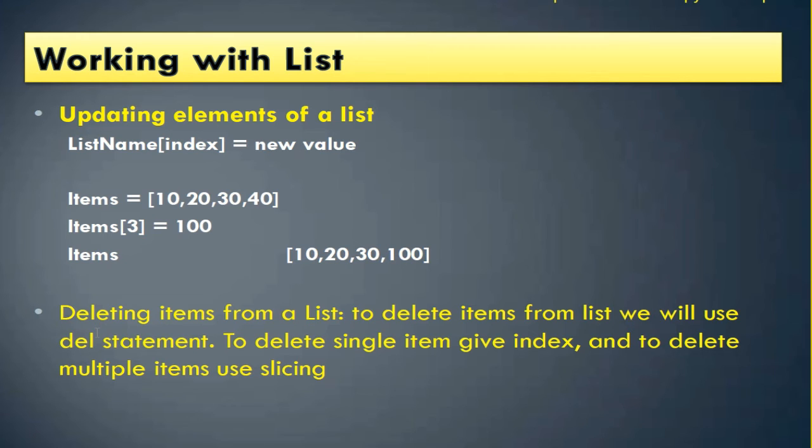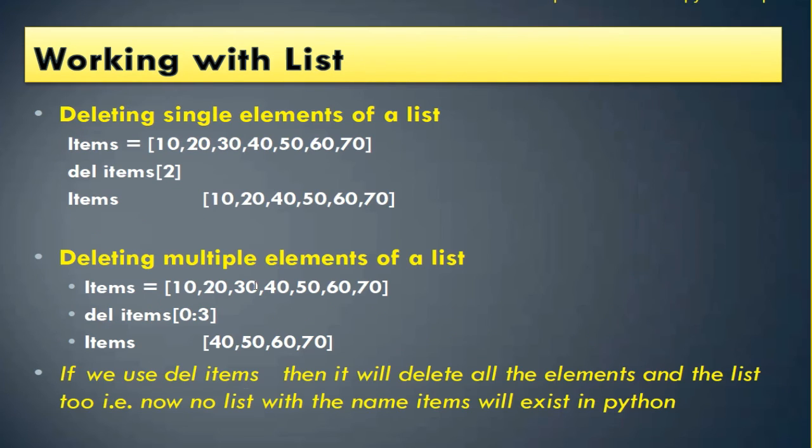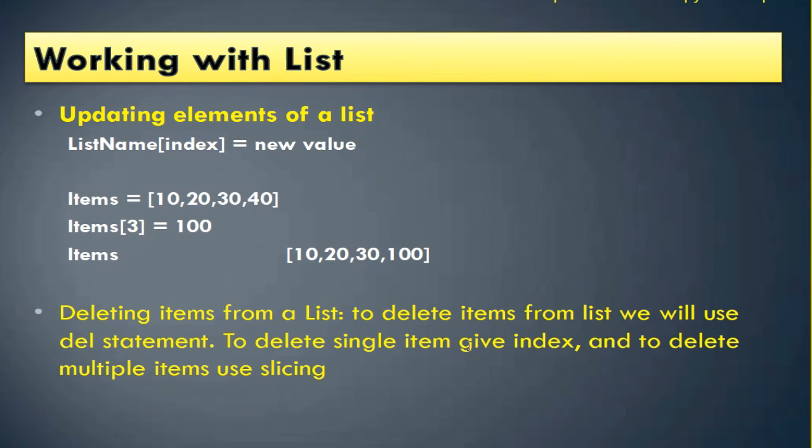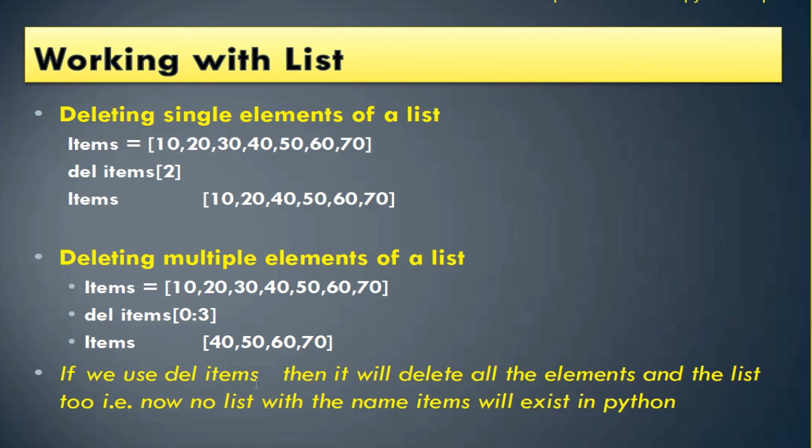Next is deleting an item from a list. To delete an item from a list, we use the del statement. We use the del statement to delete a single item with an index, and to delete multiple items we use slicing.